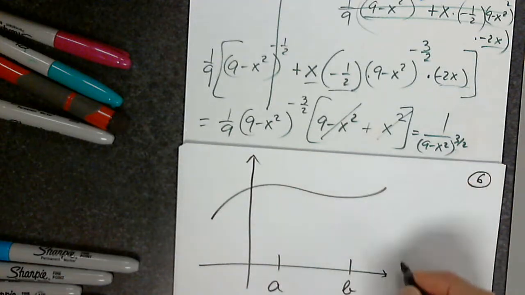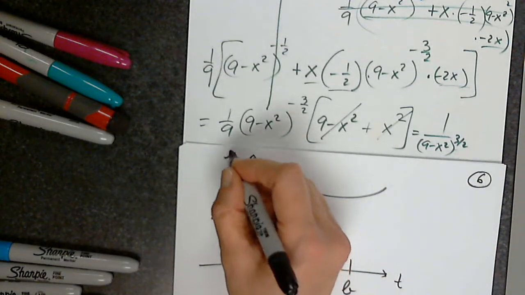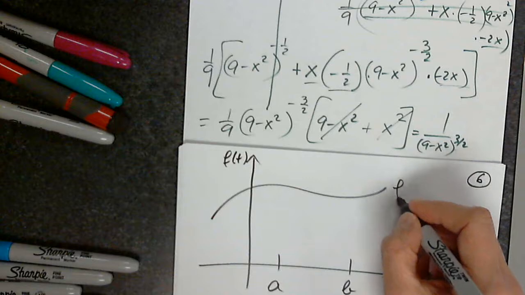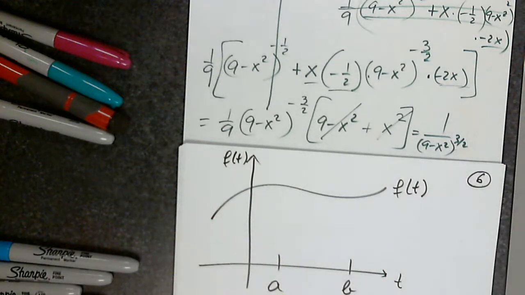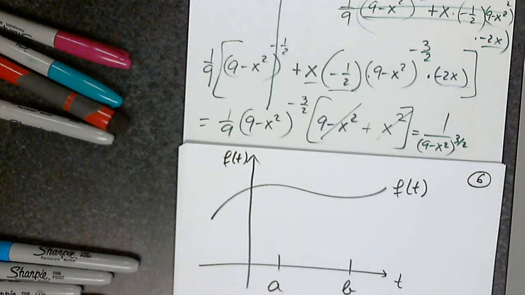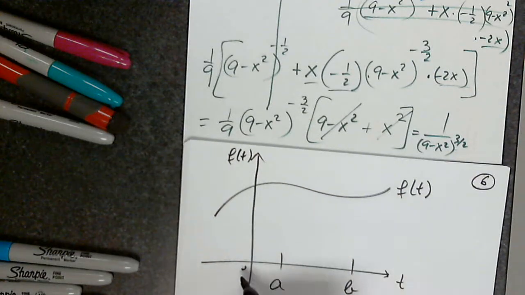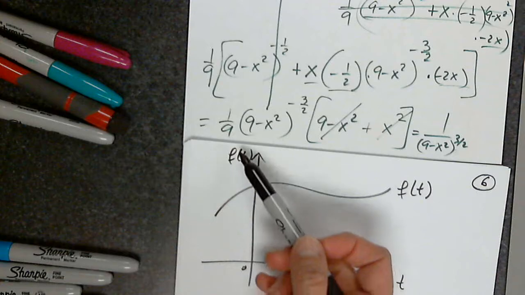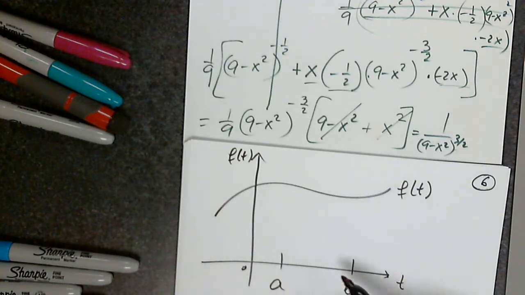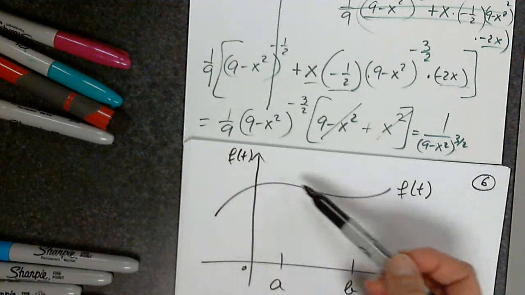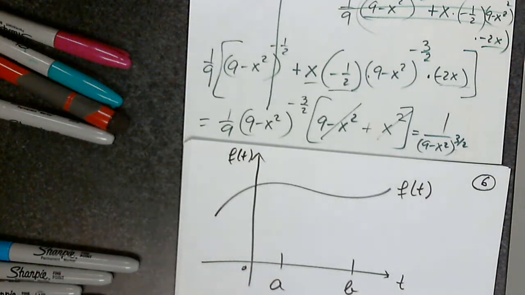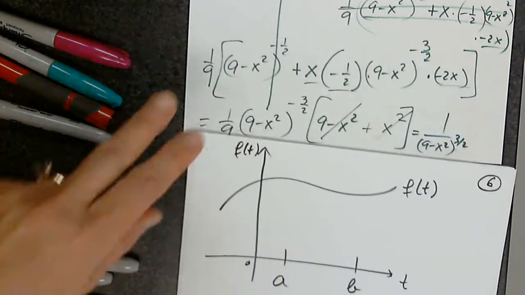Here is a function which this time is f of t. So in the coordinate system t, f of t, I have the interval a comma b, and I have a function that is continuous. It has to be continuous on the interval a comma b.